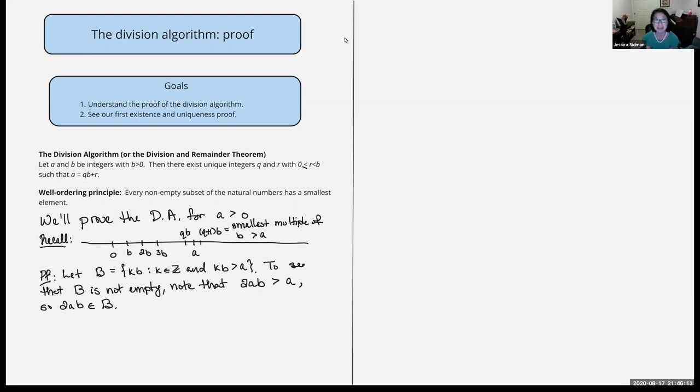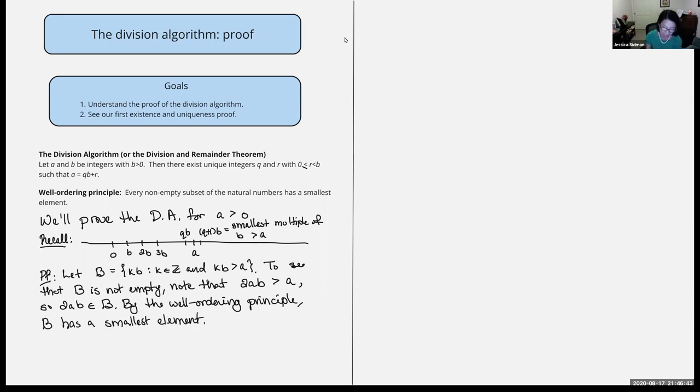So it's not empty. So I can apply the well-ordering principle and say by the well-ordering principle, then capital B has a smallest element.